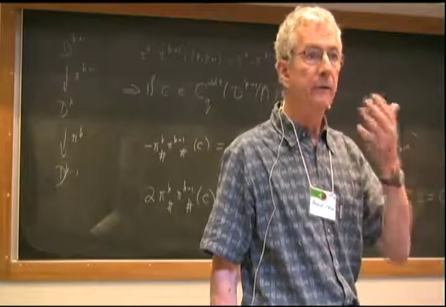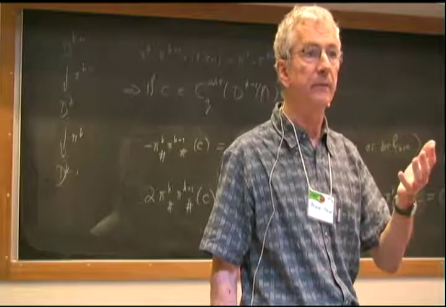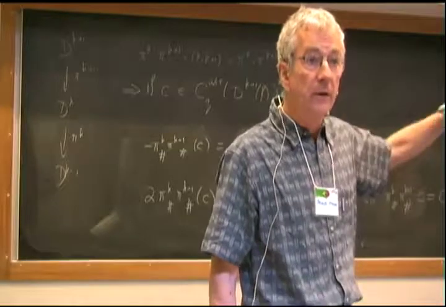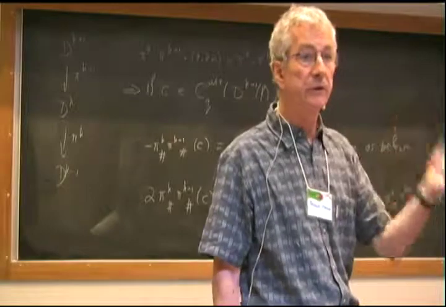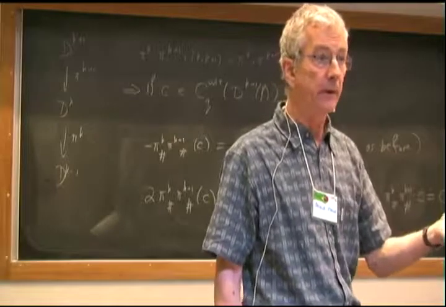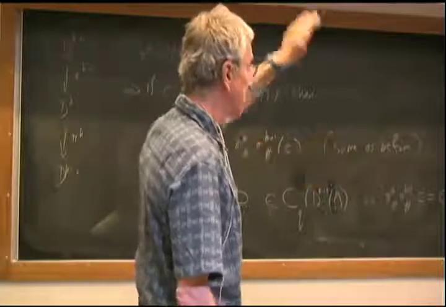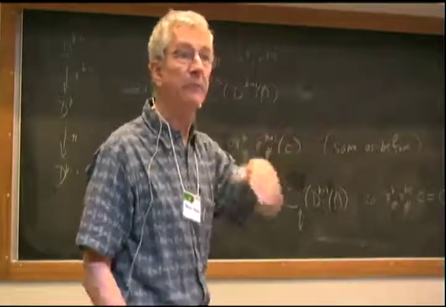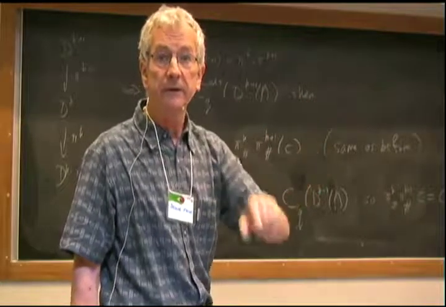I personally found it impossible ever to understand spectral sequences by reading textbooks about them. The only point at which I began to understand was exactly encountering this situation and really wanting to understand what was going on. So I won't go on about spectral sequences. Let me just say there is a spectral sequence, blah, blah, blah. If you want a formal statement of that kind, you can find it in the lecture notes.